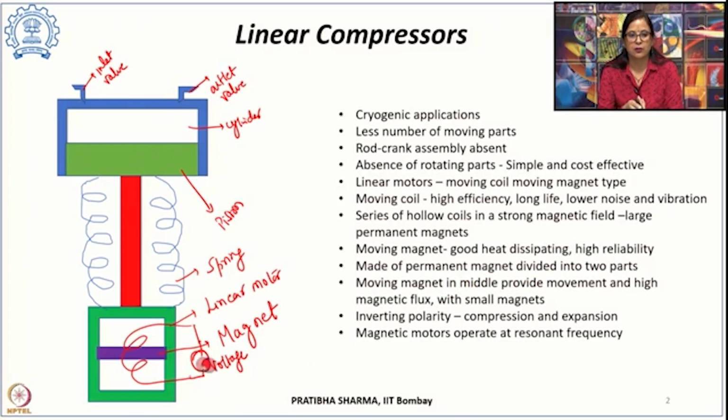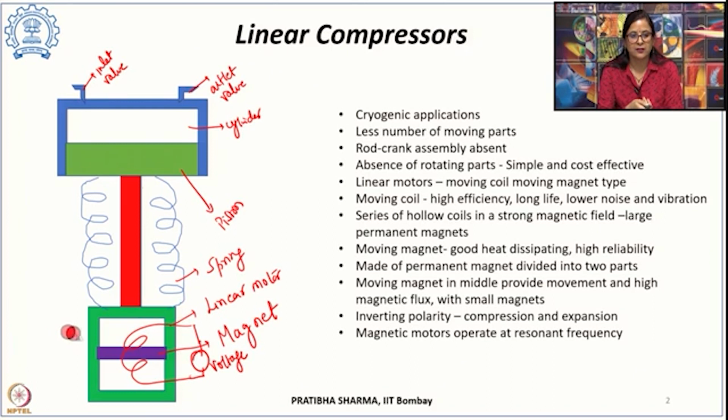So, there is a moving magnet in the middle, and that moving magnet provides the movement to the piston. And even with the use of a small magnet in these moving magnet type of linear motors, a high magnetic flux could be created.